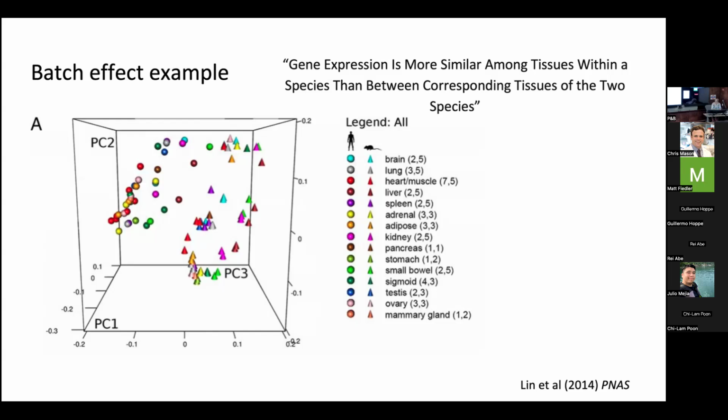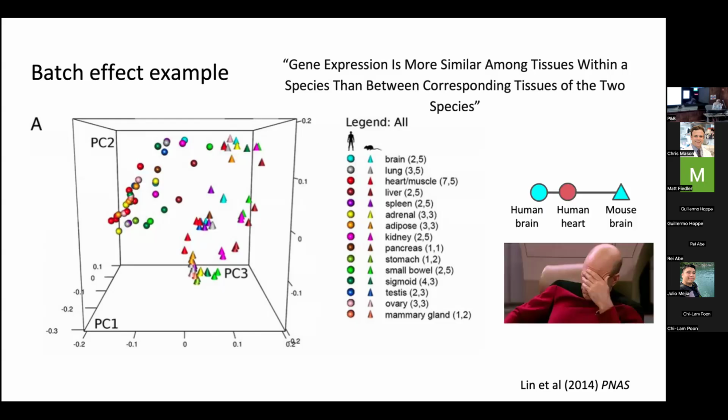This very cool example just shows us that basically all of the human brains, and all of the human hearts, for example, all of the human tissues will be more similar to each other than their model organism equivalents, which makes all of our model organism projects and contributions basically useless, right?